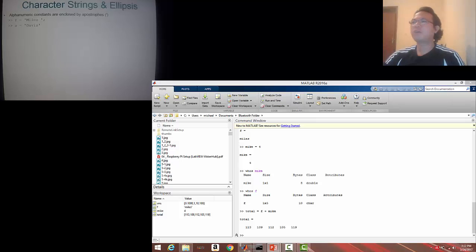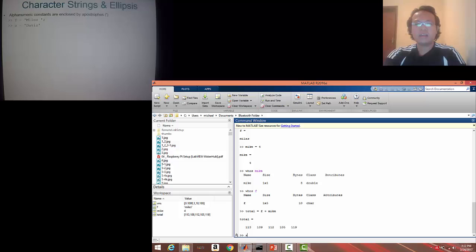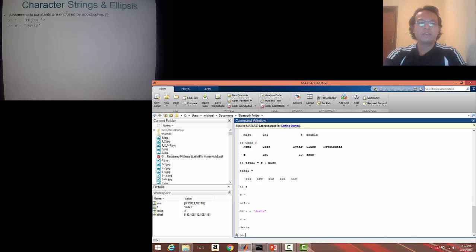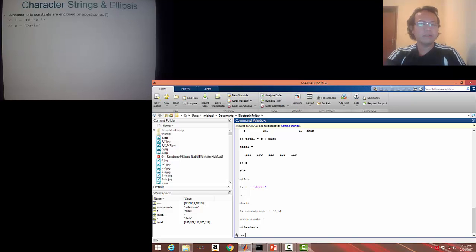Now, look at this one here. F is equal to 'Miles' and S is equal to 'Davis'. Let's say this is a name, and if you would like to call it Miles Davis, how do you do that? You will simply use concatenate, that is the term, concatenate, and then you say F, S. You have Miles Davis.